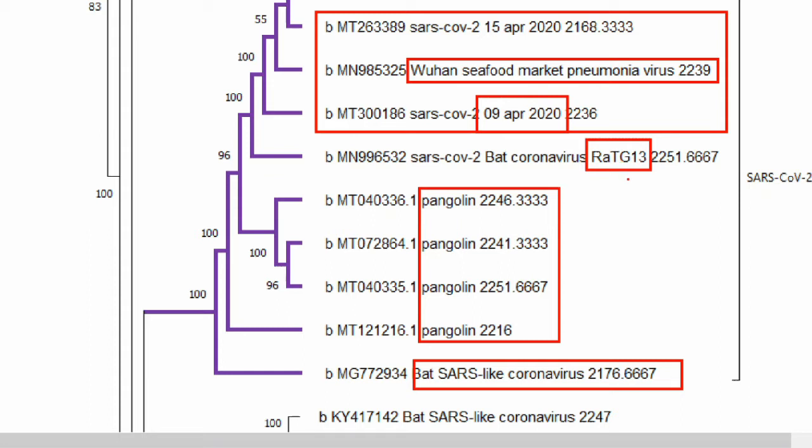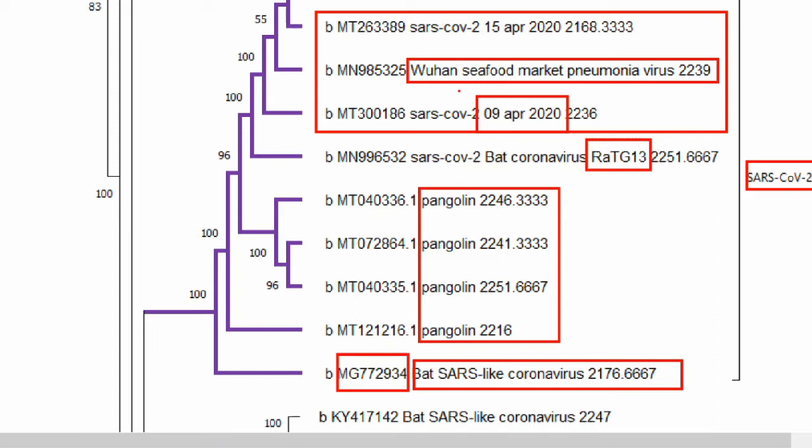So sampled in 2013 and kept in the lab since then in the Wuhan Institute. So we have now three important viruses in the SARS-CoV-2 group: pangolins, one more bat, but more distant. We take note of this. And then we have the Wuhan coronavirus.